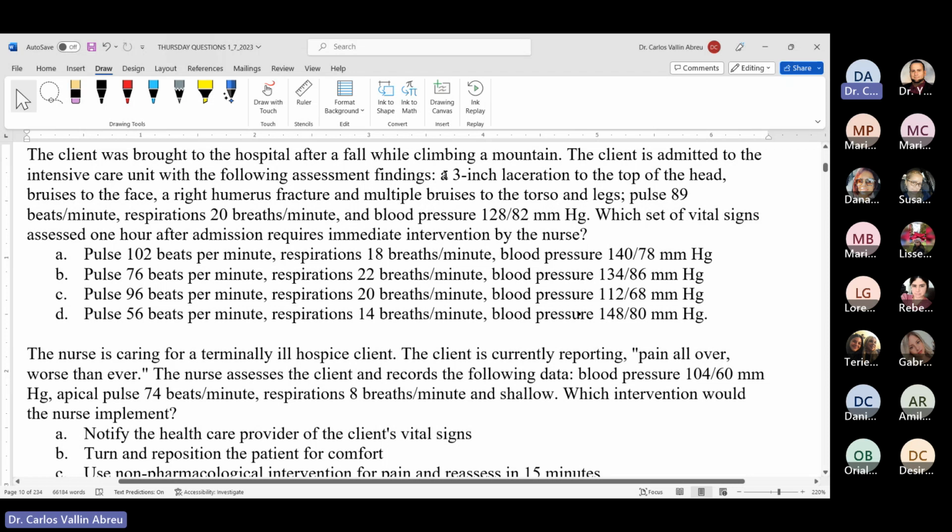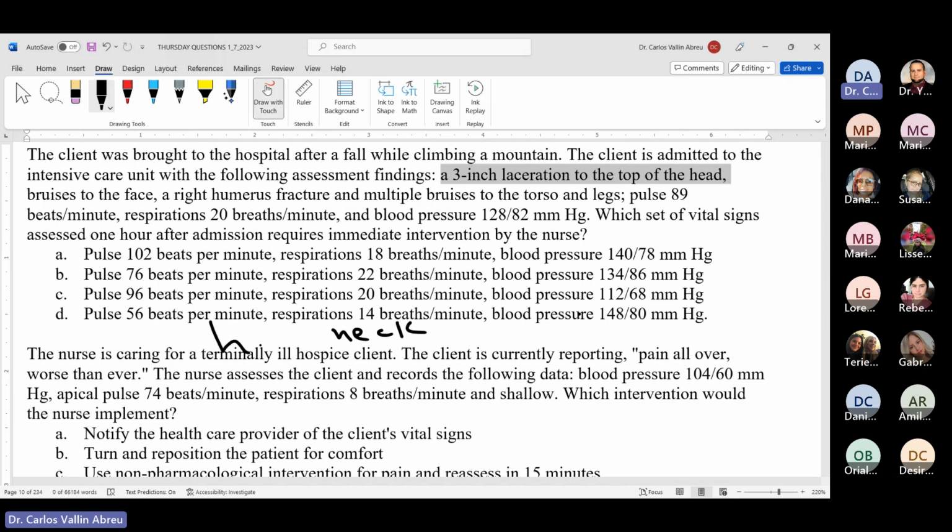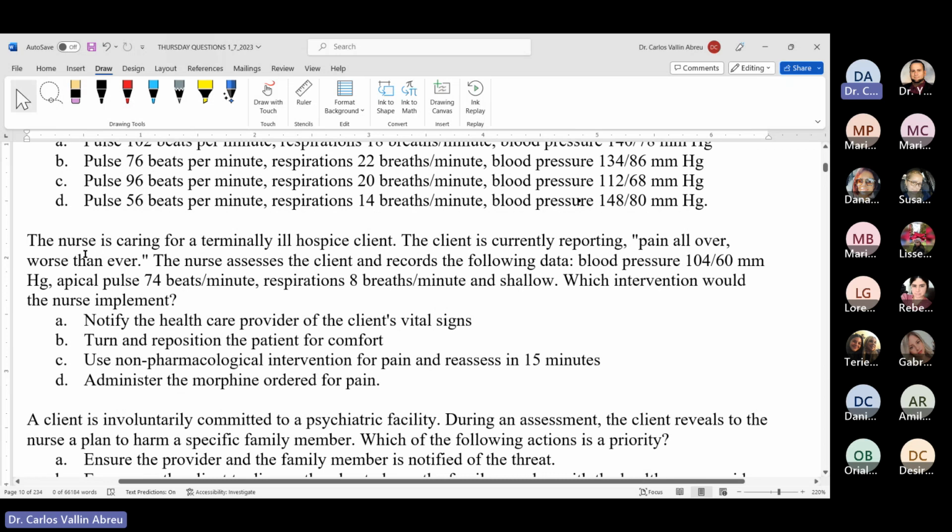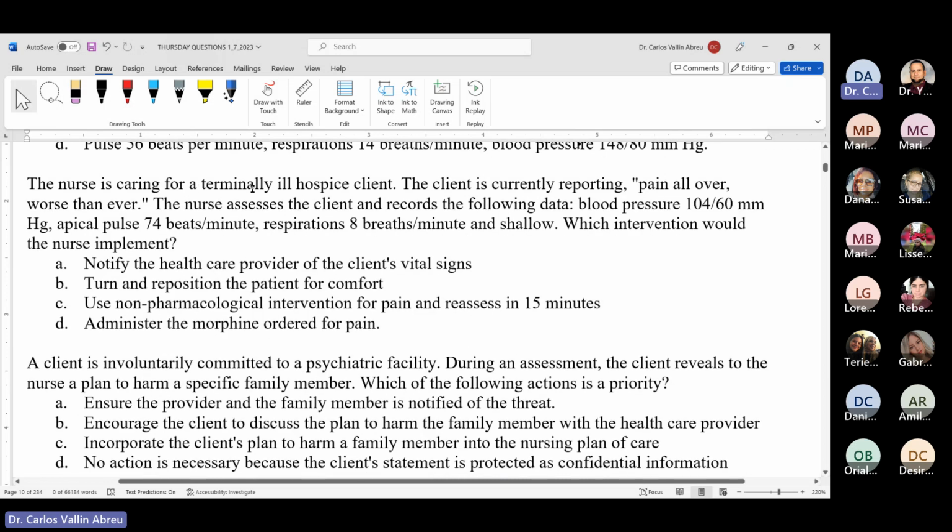So remember, the trick here is that trauma to the head and neck is the priority. In this case, the nurse is caring for a terminally ill hospice client. The client is currently reporting pain all over, worse than ever.